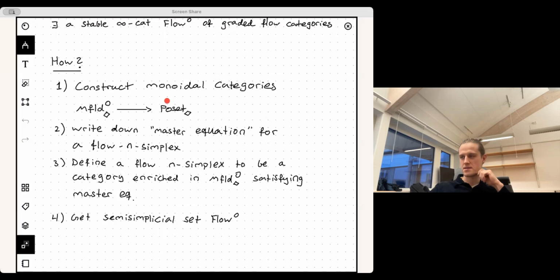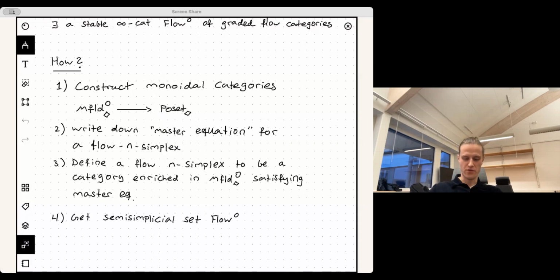And then you construct this category Poset, which contains only these nice posets, the ones that model the stratification of a manifold with faces. So this is how you make sure that you're only seeing the manifolds with faces that you want to see. This category of posets should be the natural home for your master equations.